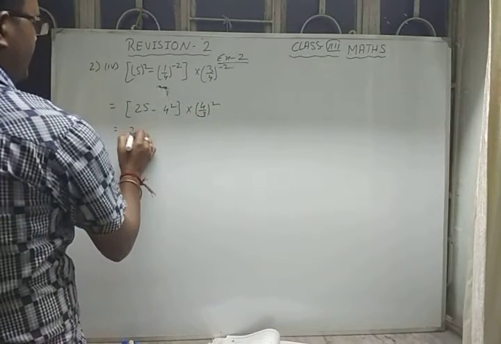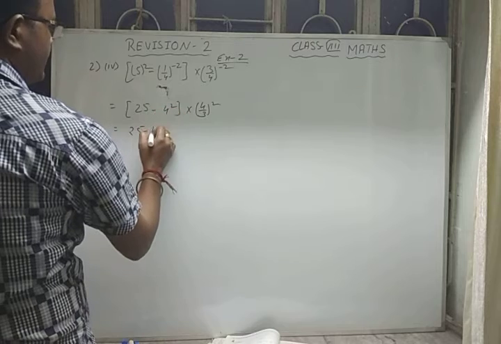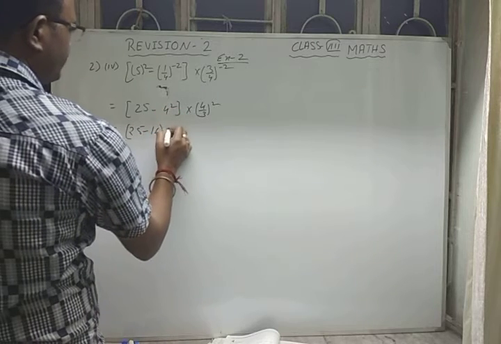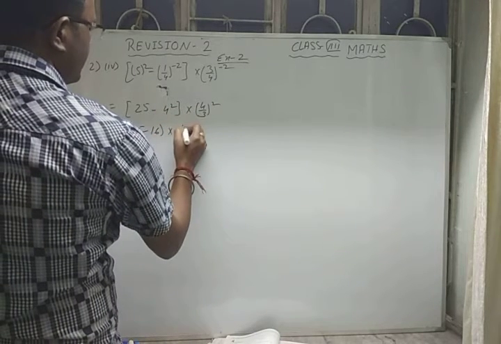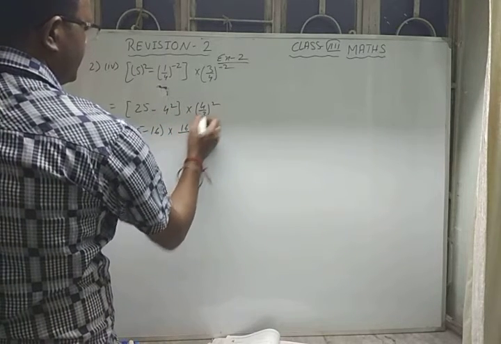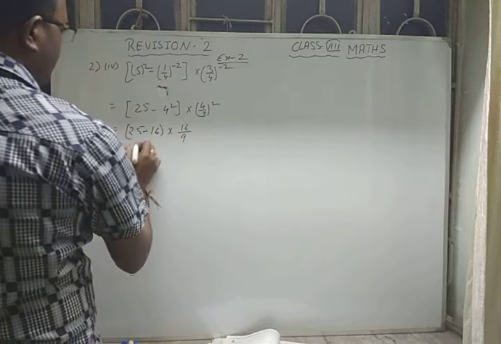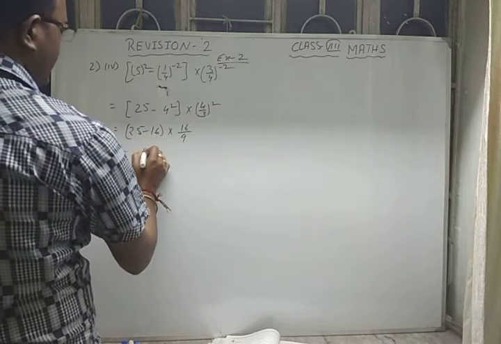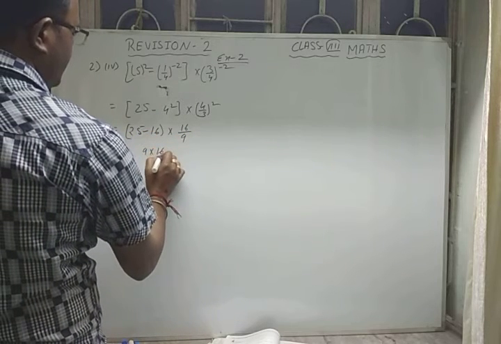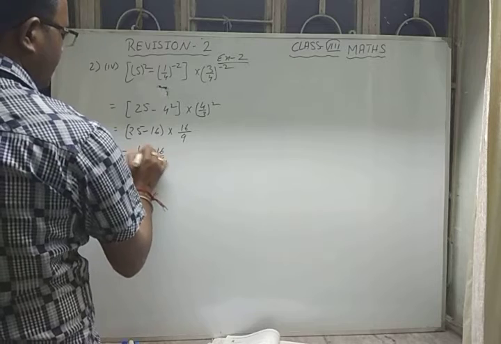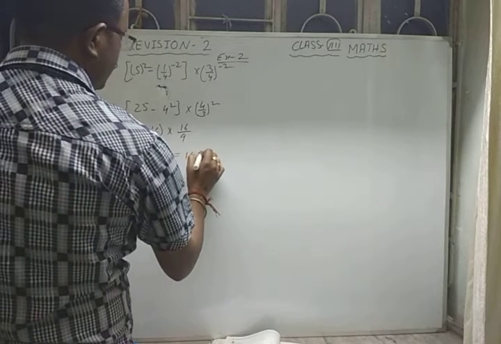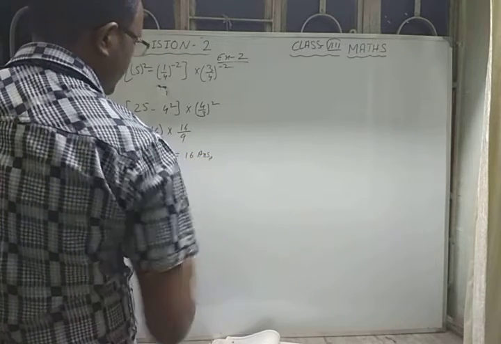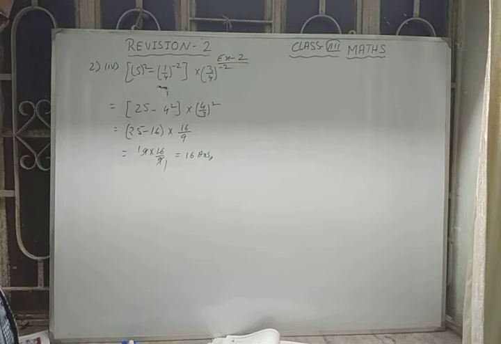Now it is 25 minus 4 square is 16, into 4 square is 16 by 3 3s are 9. So here 25 minus 16 is 9, into 16 by 9. So 9 ones are 9, the 9s are cancelled, and the answer is 16. So in this way you have to solve this question.